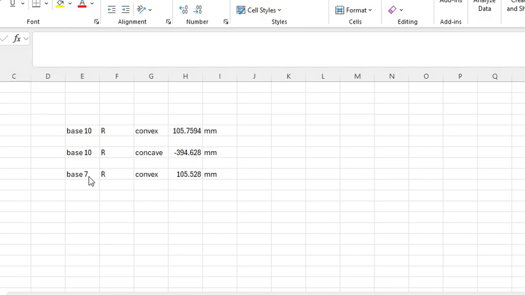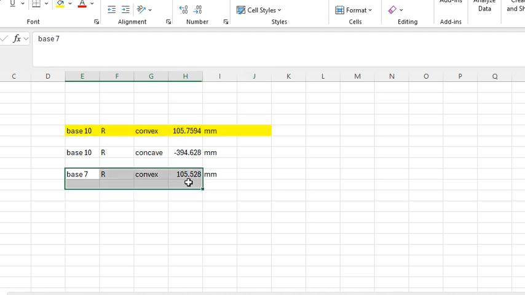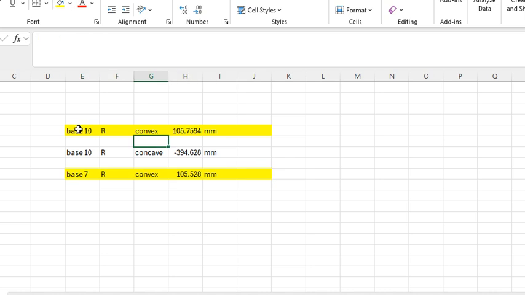Here, convex, I'm just going to highlight this in yellow. We are comparing the convex, and this is a base. This base is larger, and this base is smaller. So this is your base ring.